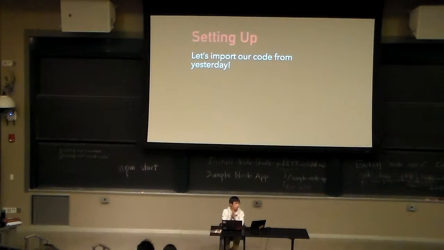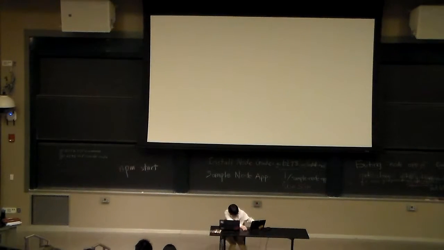Okay, so now let's import our code from yesterday. If you remember, we made a sign up file yesterday. Let's try to integrate that with our views so that our home page is basically a sign up page. Is everybody clear on that? Okay, let's try this.